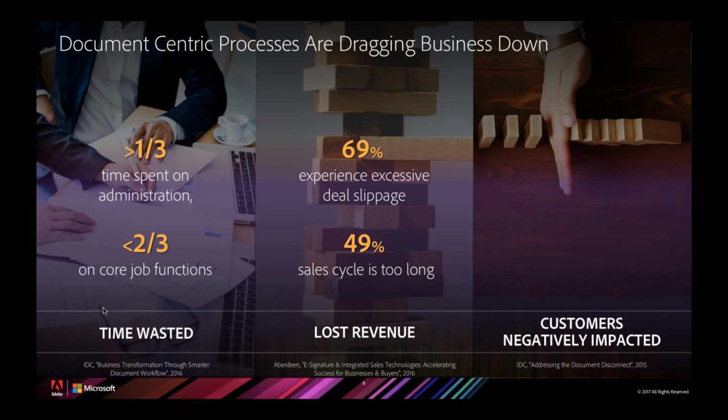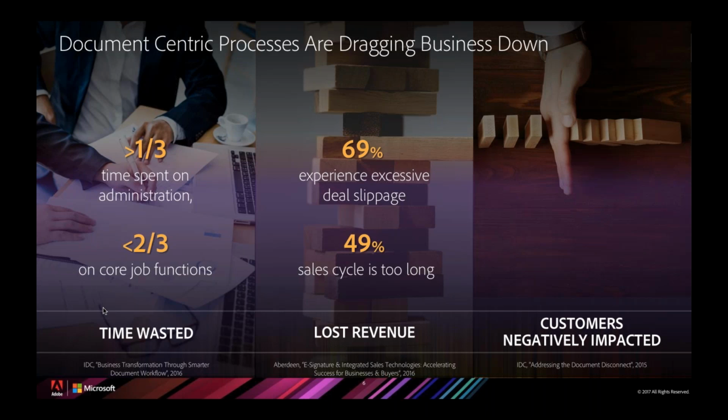losing revenue opportunities. We see that 69%, and this is an Aberdeen study, by the way, 69% of companies experience excessive deal slippage, and a lot of that, frankly, just has to do with the overhead of getting a deal done, and specifically that last mile of getting it signed. And about half say the sales cycle is too long.